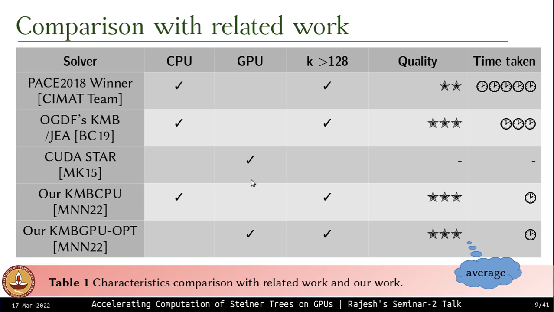The third work was not able to run on a larger set of vertices, and that is what we are addressing. And not just that, in terms of time, we wanted to reduce the time compared to the other baselines. We were able to produce the same or similar quality as that of the JEA paper.